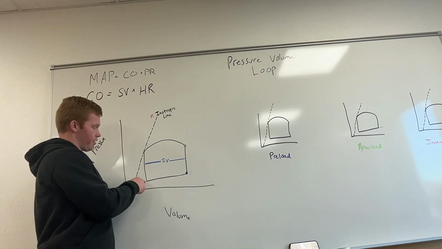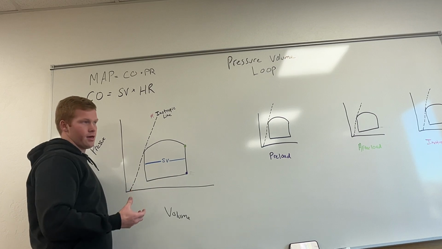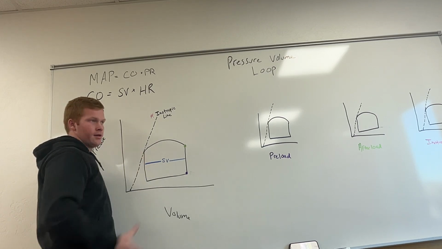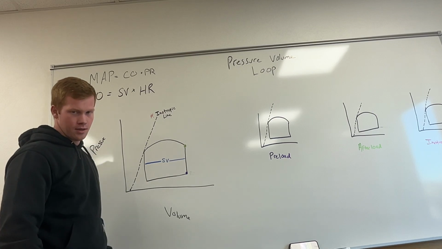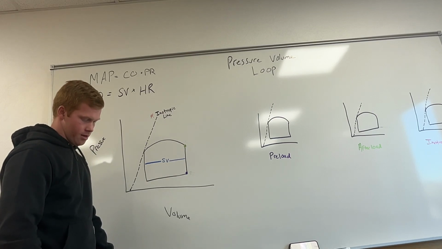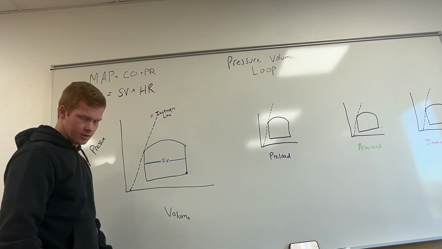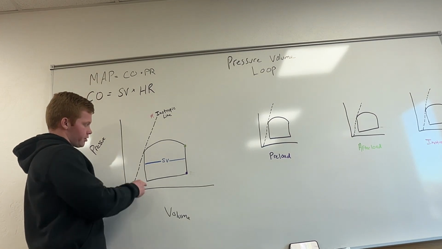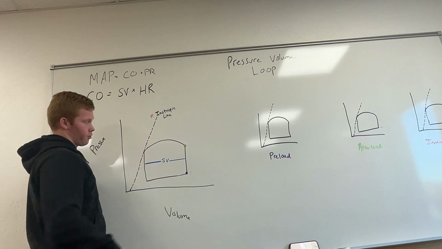It's like a vacuum getting ready to cause the mitral valve to open, to have that passive filling of blood from the atrium, the left atrium. So yeah, that's the cycle.